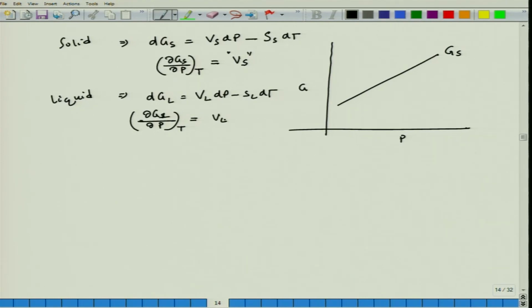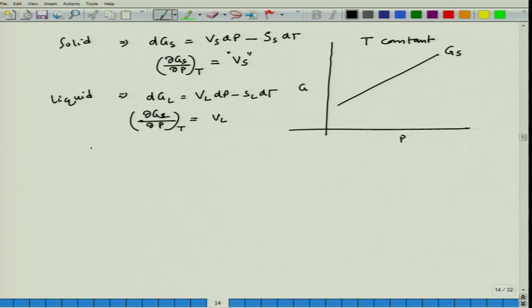Vl is also a positive quantity all the time. It would also have a positive slope, that means free energy change with pressure at a constant temperature. So, T is a constant.